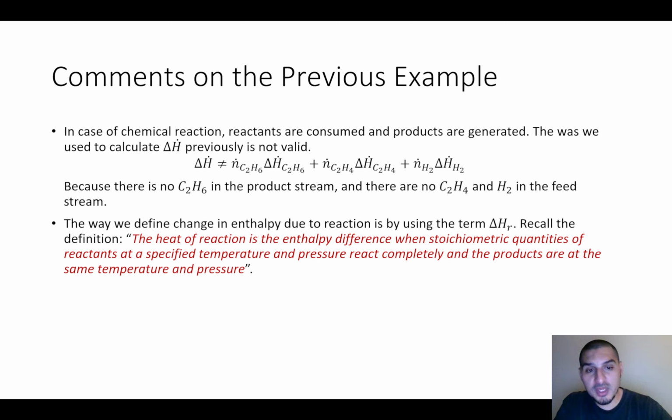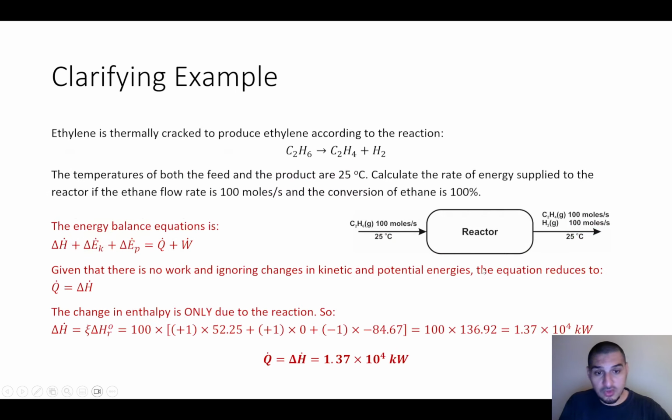And I want to go back to the definition that we started with in this chapter. We said that the heat of reaction is the enthalpy difference, delta H, when stoichiometric quantities of the reactants at a specific temperature and pressure react completely, and the products are at the same temperature and pressure.